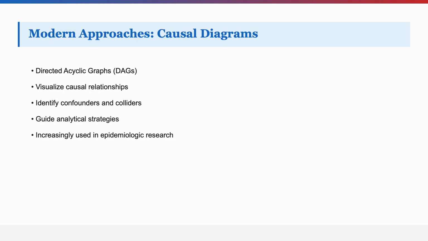Modern epidemiology increasingly uses causal diagrams, specifically directed acyclic graphs or DAGs. A DAG represents causal relationships visually. Arrows point from causes to effects. No loops are allowed, hence acyclic.